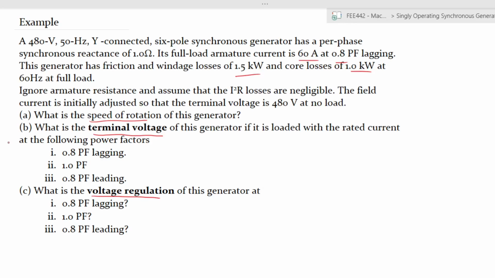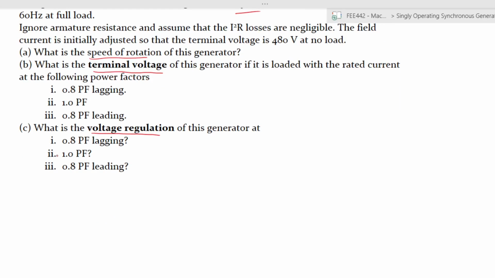Now, to start with, what is the speed of rotation? This one is fairly simple.